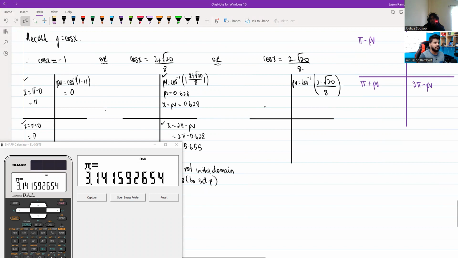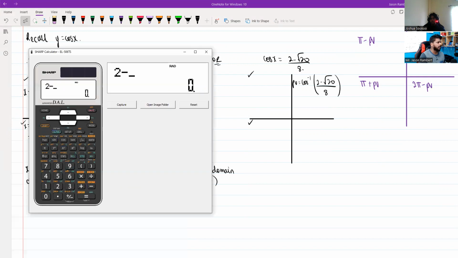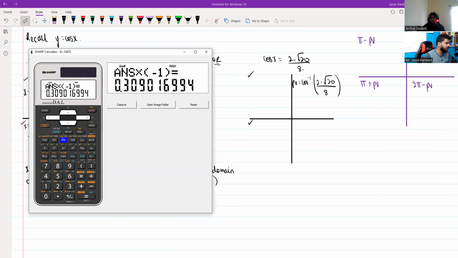This will be a negative. So again, solutions are going to lie here and here. 2 take away root 20 divided by 8 is that. So cosine is negative in those two quadrants. Multiply that by minus 1 to get the positive answer. And cos inverse of that is 1.257.